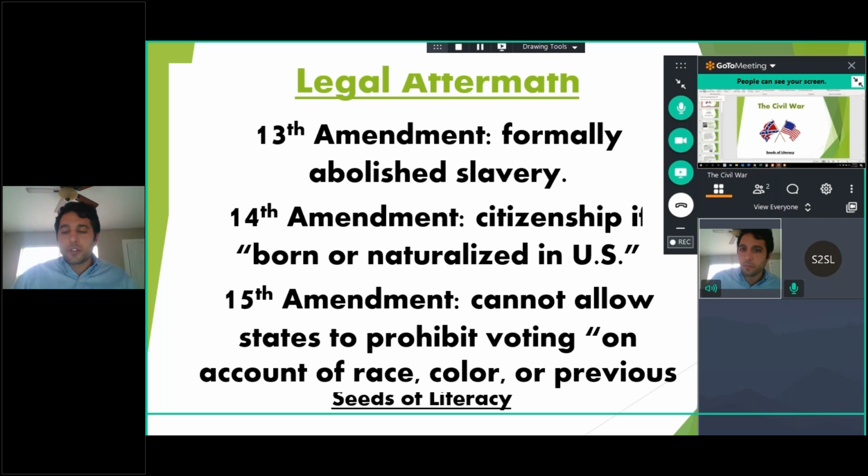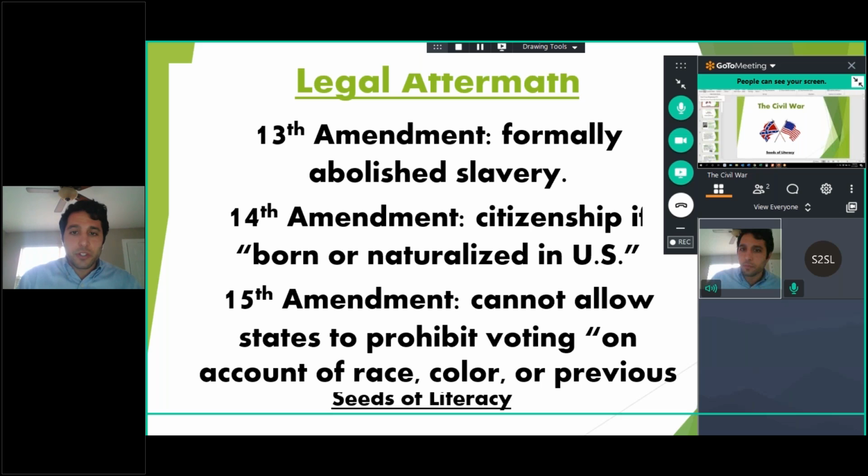So, despite losing Lincoln, shortly after the war, these three amendments were ratified by the states as ways to formally protect people of color following their emancipation and following the end of slavery. So the 13th Amendment formally abolished slavery, which just means that it got rid of slavery as an institution.